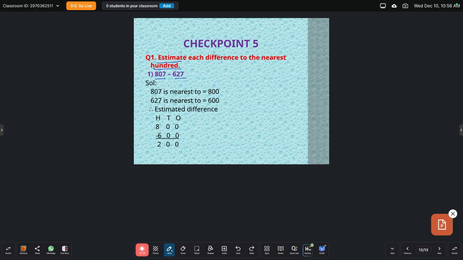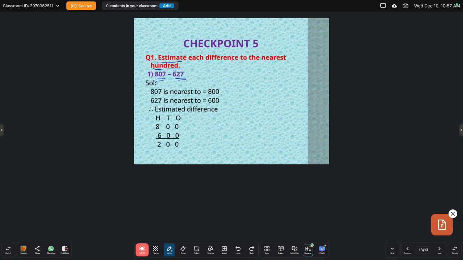Like in the previous video, we estimated the numbers to the nearest 100 in addition, where we rounded the addends. But here in subtraction, we have to round off the minuend and subtrahend to the nearest 100.